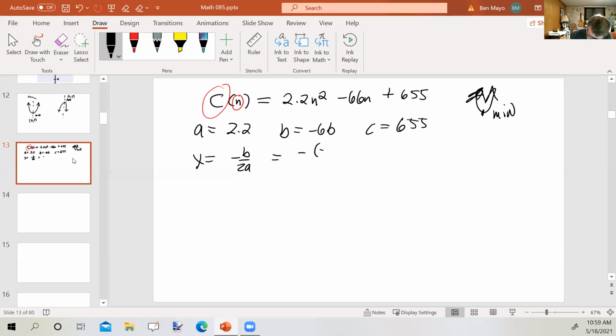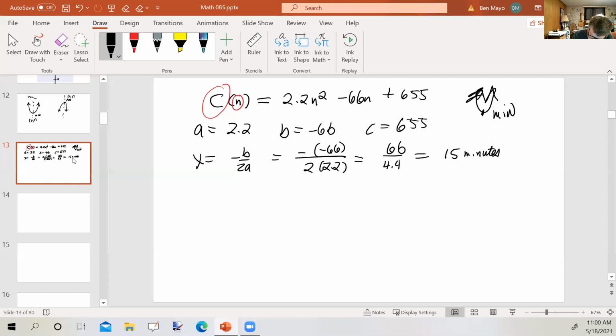So negative times -66 over 2 times 2.2, which is positive 66 over 4.4. 2 times 2.2 is 4.4. So now 66 divided by 4.4 is 15. Okay, so that's the input of the vertex. That's the number of minutes that produce the minimum cost.